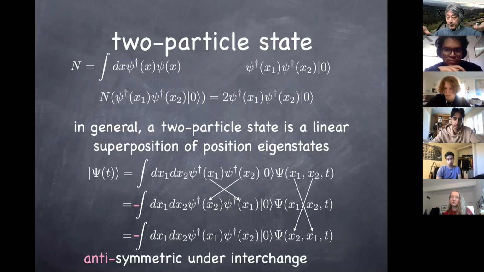If particles live only on a two-dimensional plane, you can define the orientation in interchanging two particles. Do you interchange particles anti-clockwise, or clockwise? If you have 3 dimensions, you can't tell them apart because you can rotate the whole plane, and then a clockwise interchange becomes an anti-clockwise interchange.